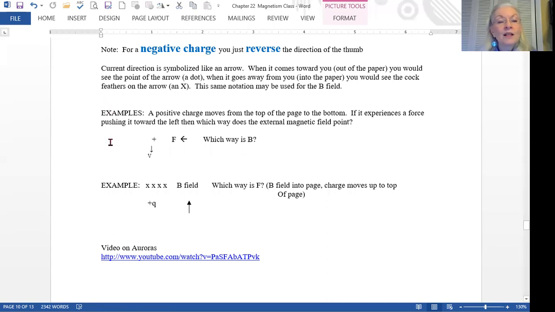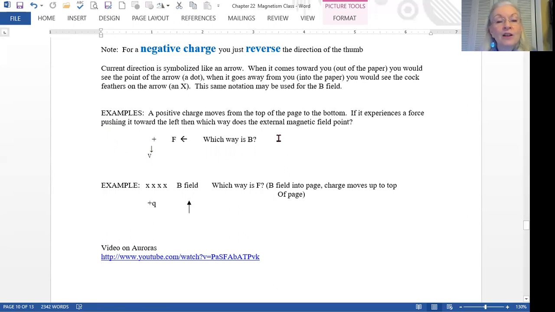So let's look at this first example. Positive charge moves from the top of the page to the bottom. So the velocity of our positive charge, this little v, is pointing down, and it's positive. That's why I put a plus sign there. If it experiences a force pushing it towards the left, so the force goes left, which way does the external magnetic field point?